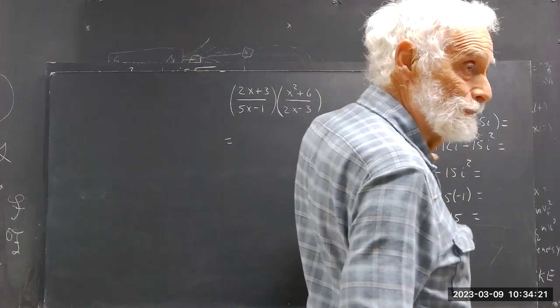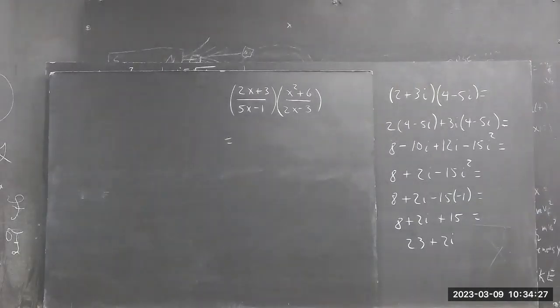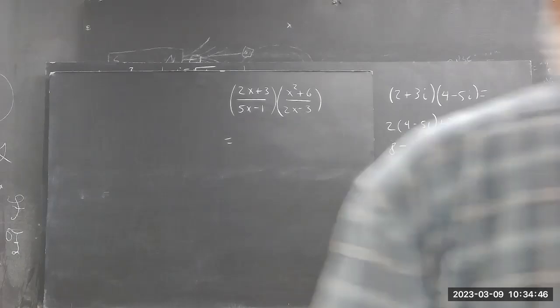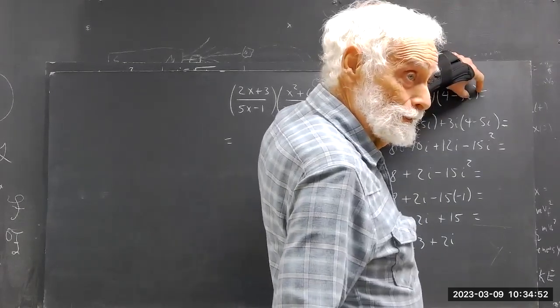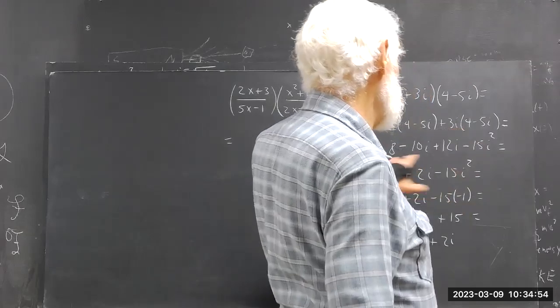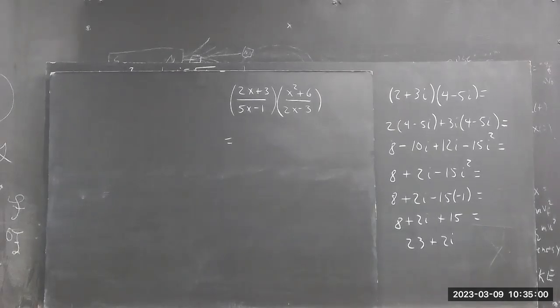I'll go back and redo it, but it turns out different stuff. That's bad. You're risking your life. Okay, let's switch fast. Write it out. The first idea is it's 2 times this plus 3i times this. Okay. Then it's this. You better do it.